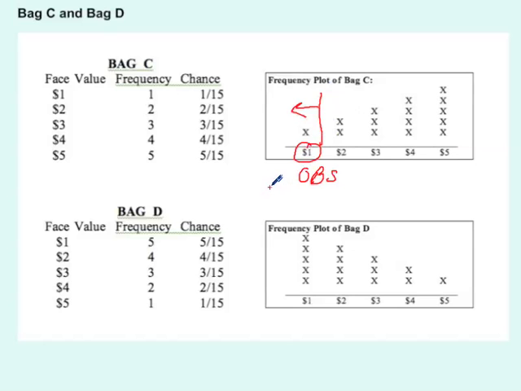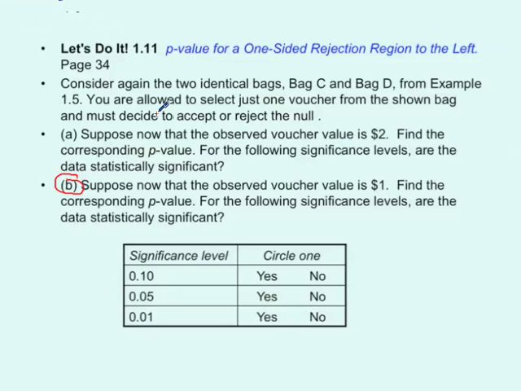So it's going to be 1/15th, or 0.067 if you go out 3 places. Back here, I'm going to type up what our p-value would be. The p-value equals 6.7%, if I type it up percentage-wise.